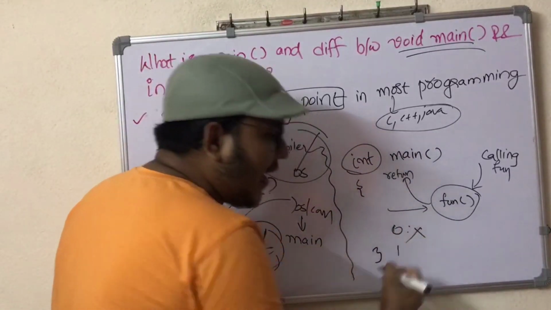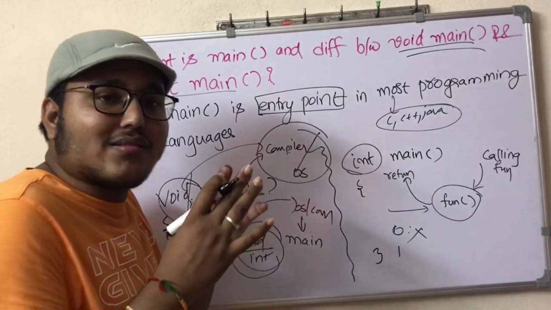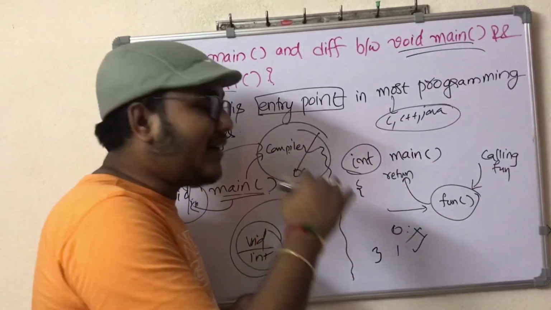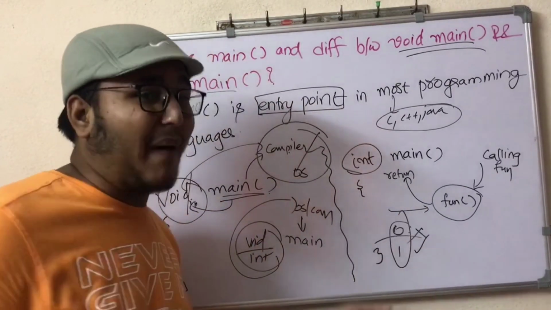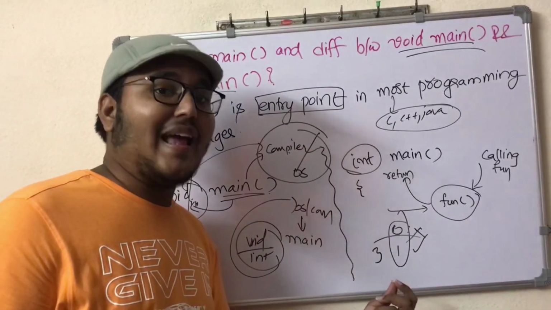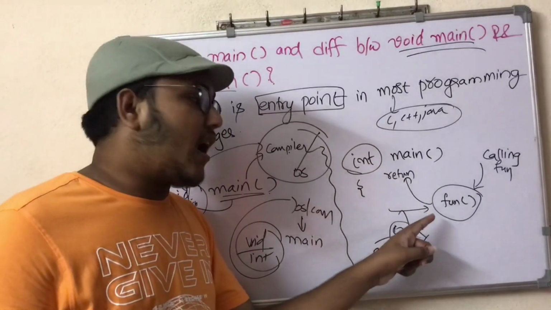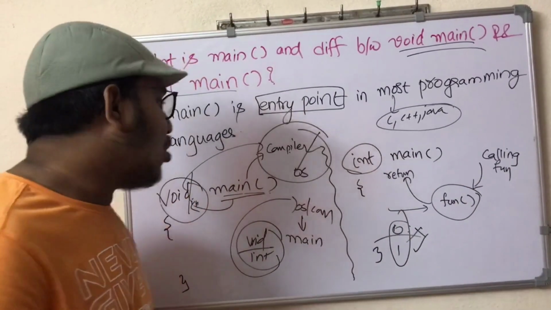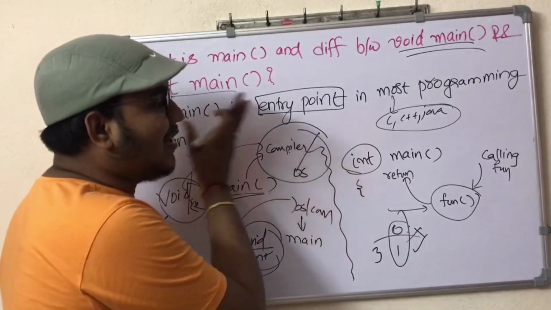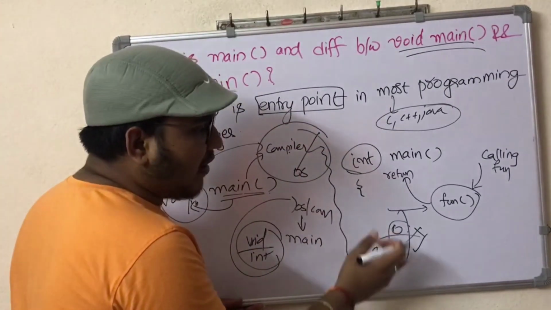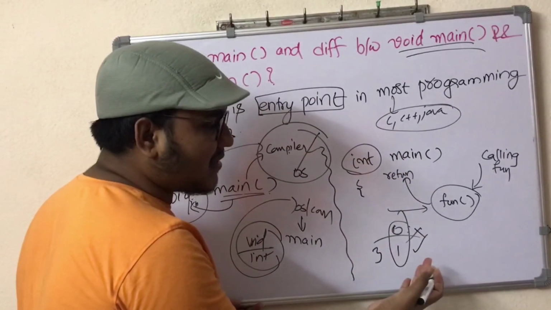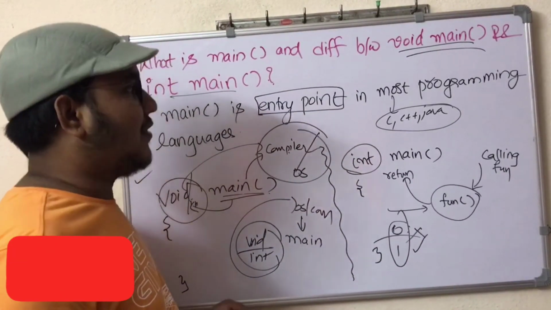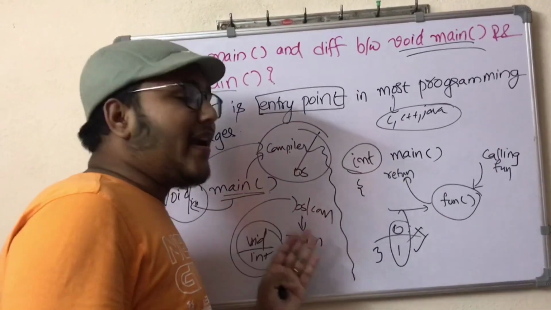It states that 0 means abnormal termination and 1 means successfully completed. So with void we are sending nothing to the compiler. If you return an int value, it represents that 0 means unsuccessful compilation and 1 means successful compilation. So this is the difference between void main and int main.